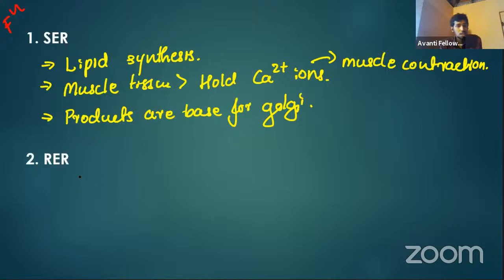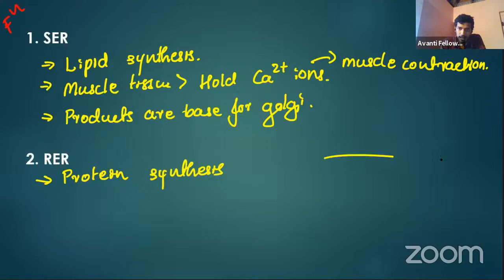Next one is the rough endoplasmic reticulum. Exactly, the important thing is protein synthesis. How will it do the protein synthesis? We already mentioned ribosomes will do the protein synthesis. The structure will be somewhat like this. I'll write it down here. Think that this is the rough endoplasmic reticulum.